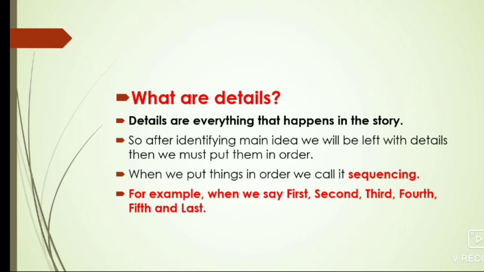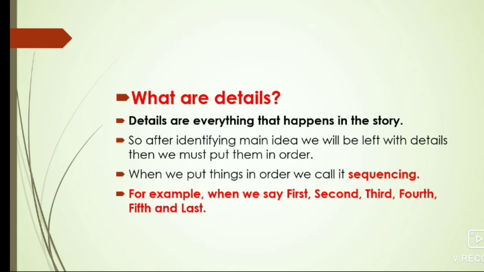But before we pick out the main idea, let us also quickly recap on what are details. Details are everything that happens in the story. So after identifying the main idea, we will be left with details.